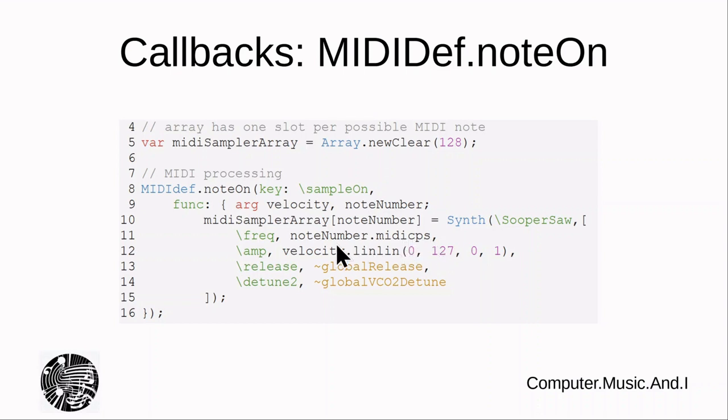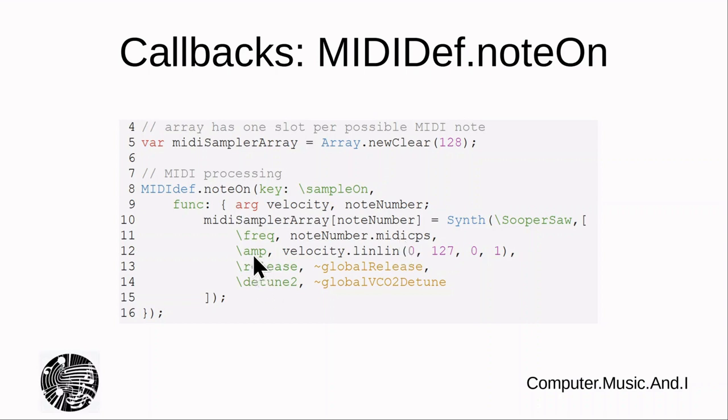So if you just send the 60, the middle C, then this function is going to give you 261 and a little bit hertz. If you're giving it the A4, then it's going to give you 440 hertz. So that's very convenient. You don't have to do it yourself. Just take the note number and convert it into the frequency.